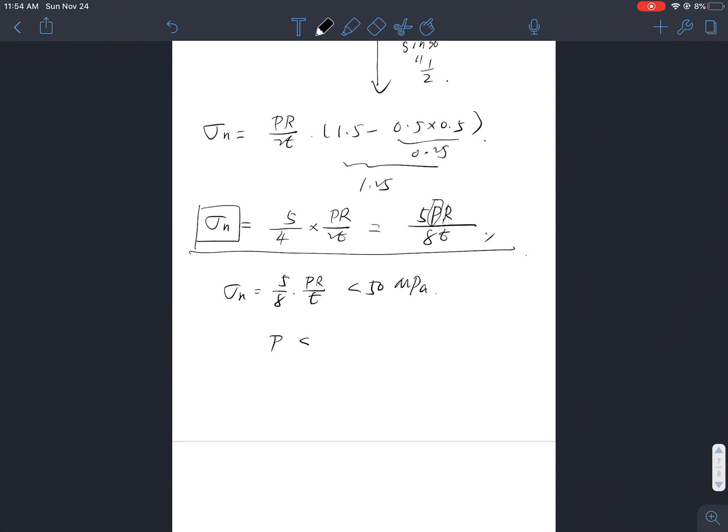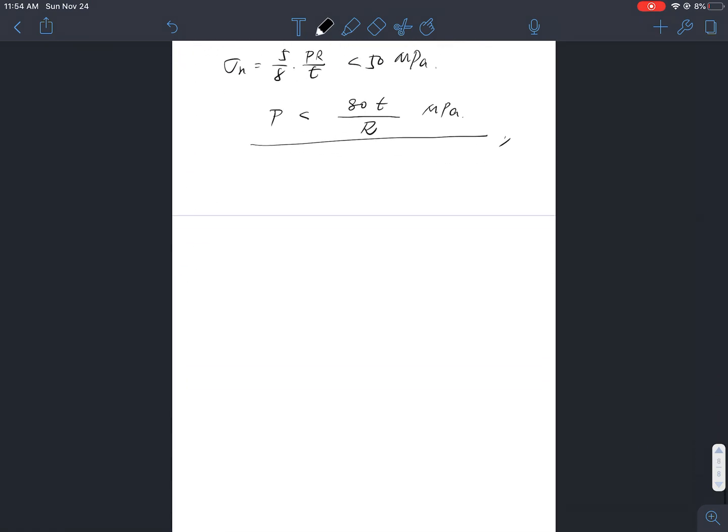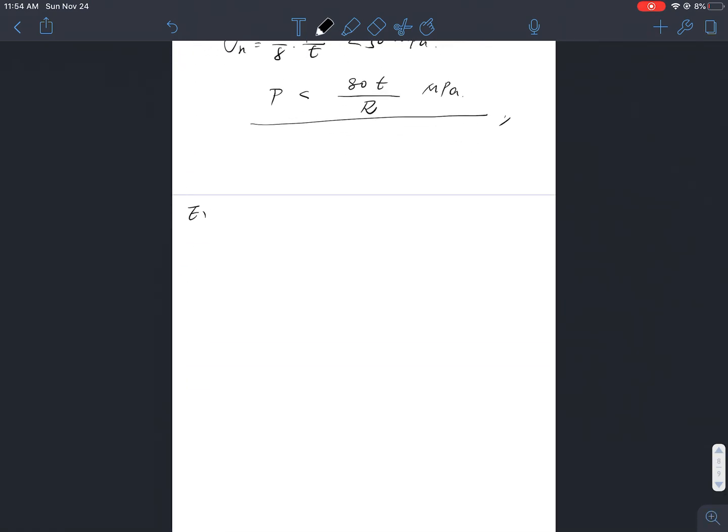So my P has to be smaller than 80 T divided by R megapascal. This is the type of problem you can have as a variation of the problem we studied before. All right, example number 2.